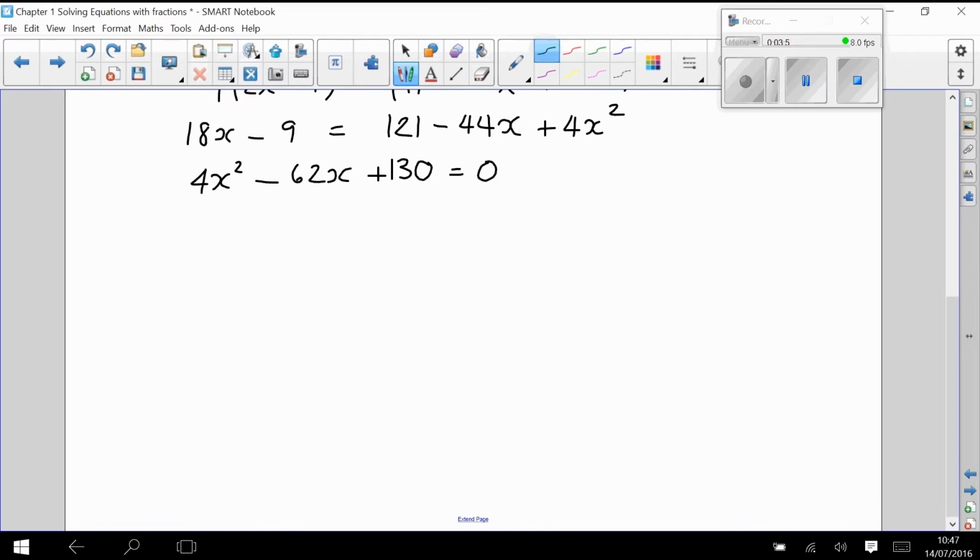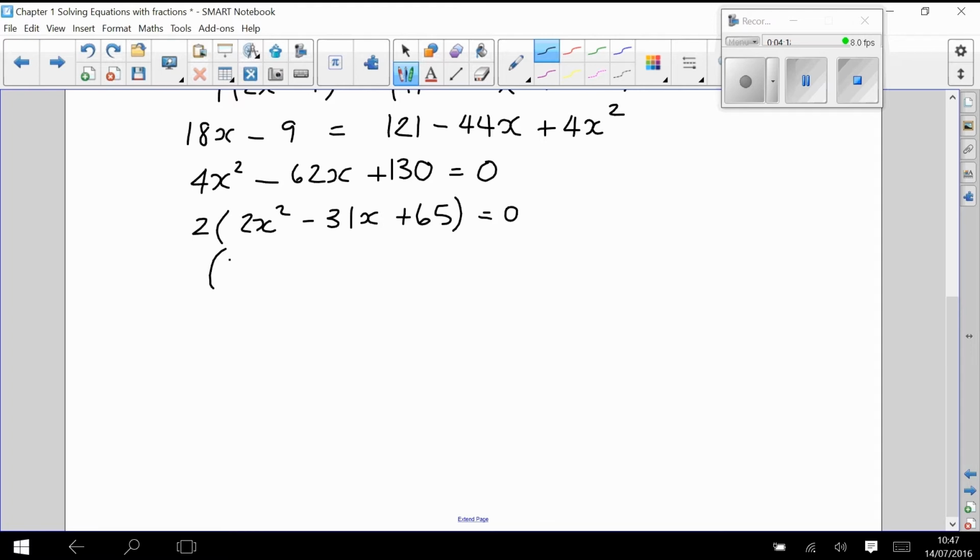As there is a highest common factor of 2 that can go into all three of these terms, I'm going to take 2 out just to make it a little bit easier for myself, which gives me 2x squared minus 31x plus 65 inside my bracket. Dividing both sides by 2, I get rid of the 2, and then I can do my trinomial method to factorize this expression.